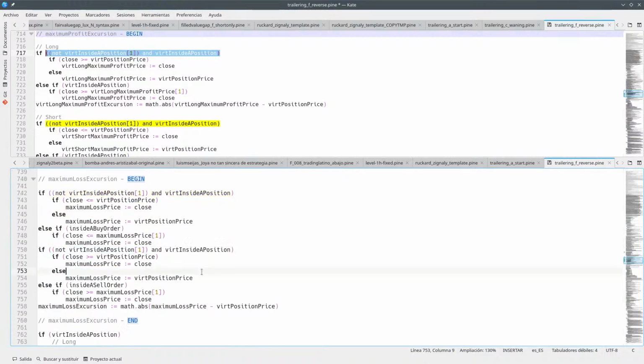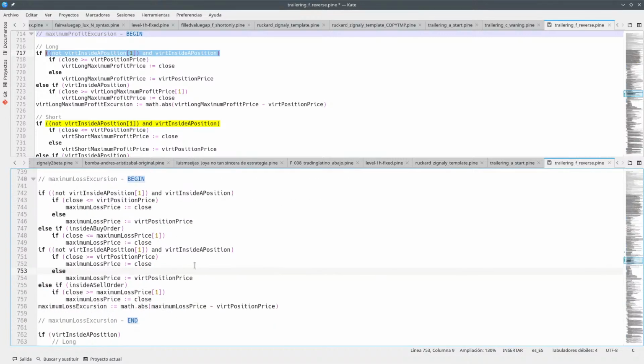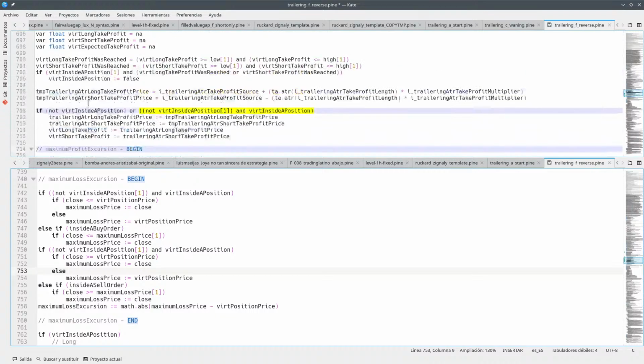Okay, not sure how we have replaced this. Before it had to be replaced, but I don't know. Okay, so maximum loss price should also be modified.